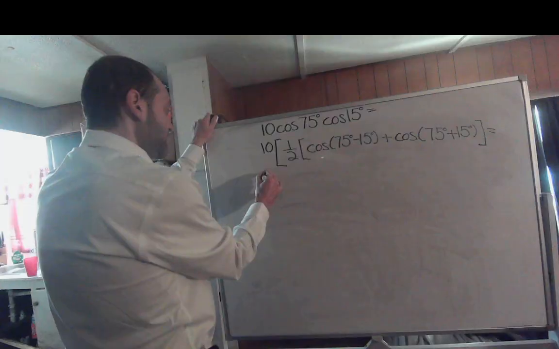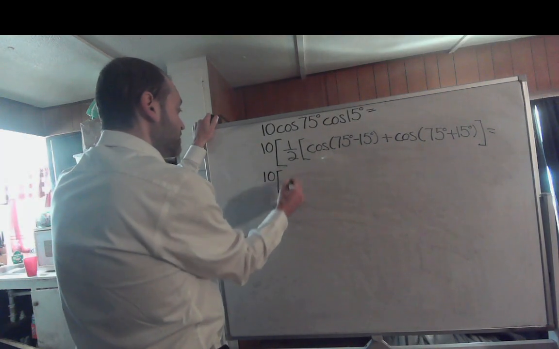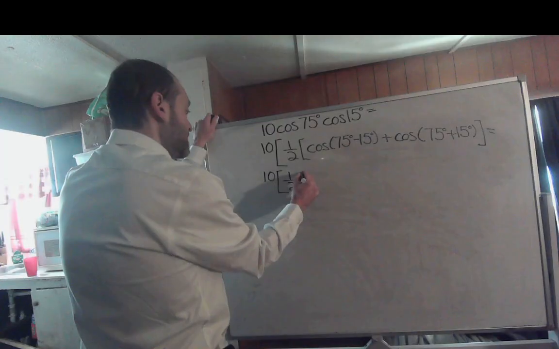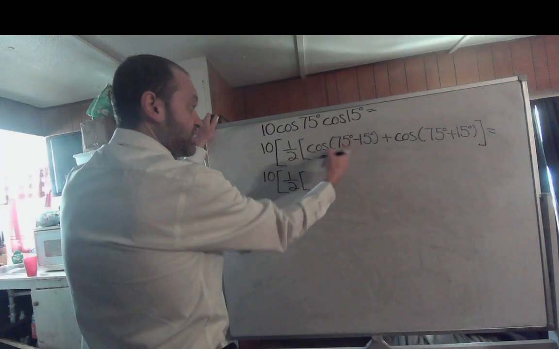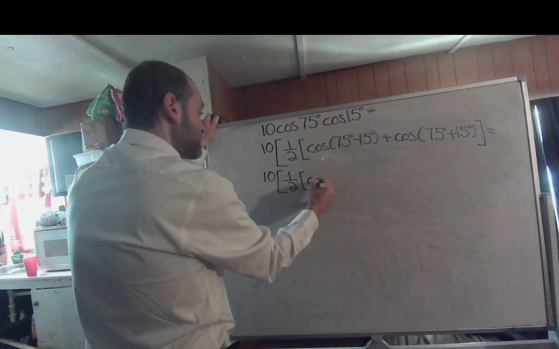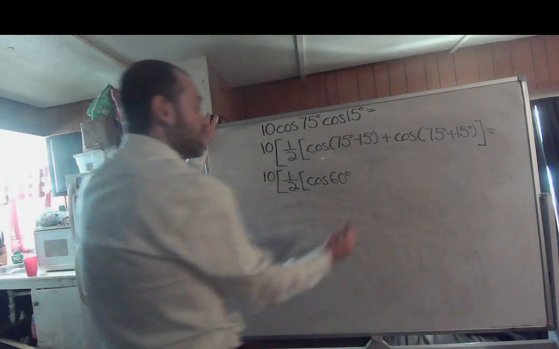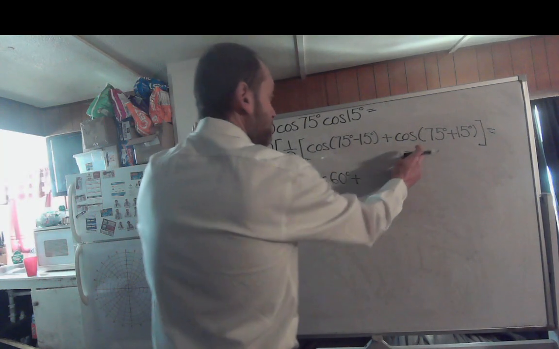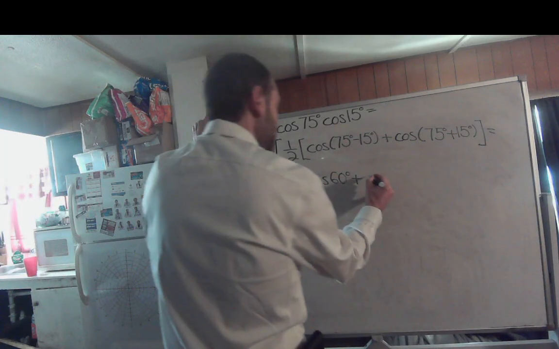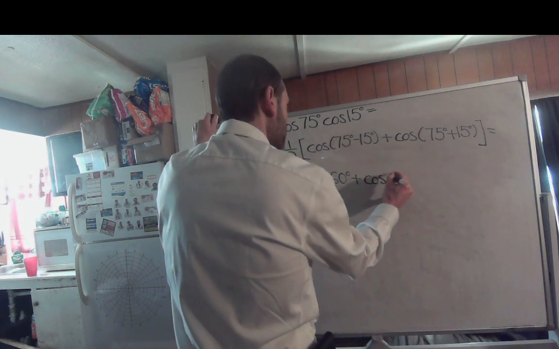Alright, so this would be 10 times the quantity of 1/2 times the quantity of cosine of 75 minus 15, that's the cosine of 60 degrees, plus the cosine of 75 plus 15, well, that's the cosine of 90 degrees.